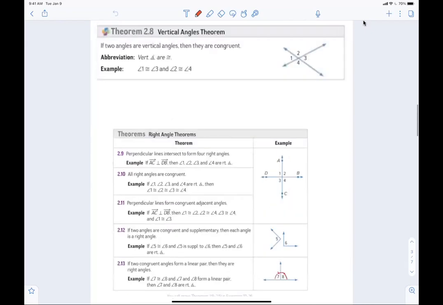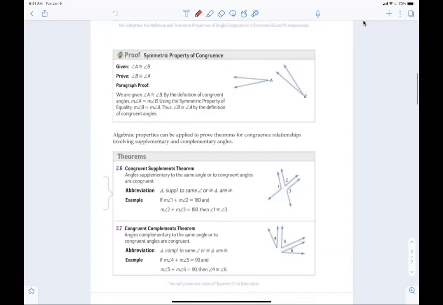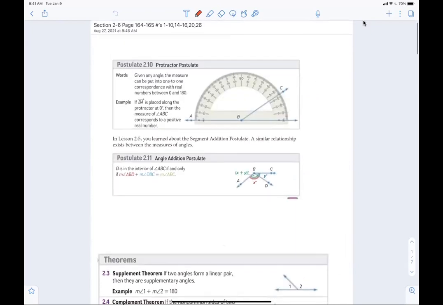Okay, so now there's a whole bunch of new stuff in this particular section. Now, there was a ruler postulate. Now we're going to call there's a what? Yeah, there's a protractor postulate.